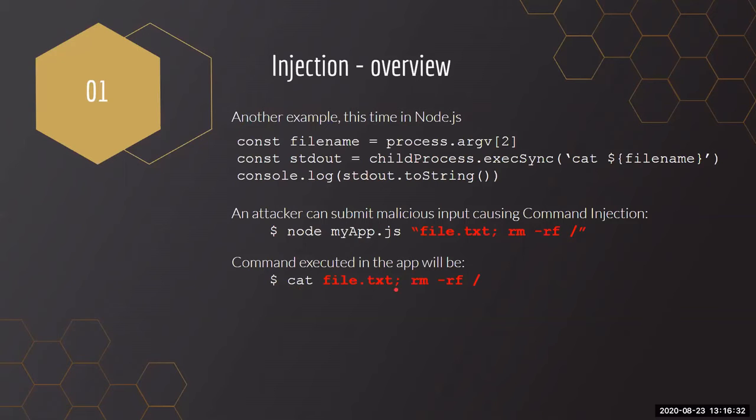So it cats the file.txt, so it'll print the full file, but then the semicolon tells it to end that command and run the next command immediately after it.